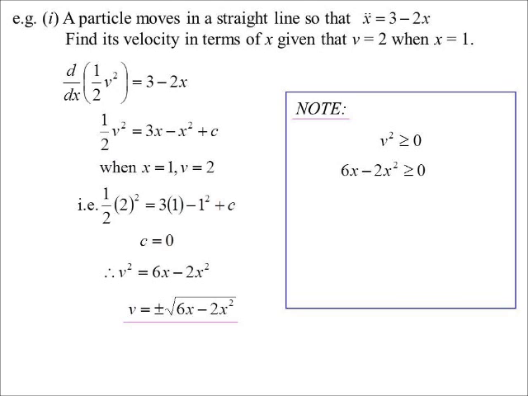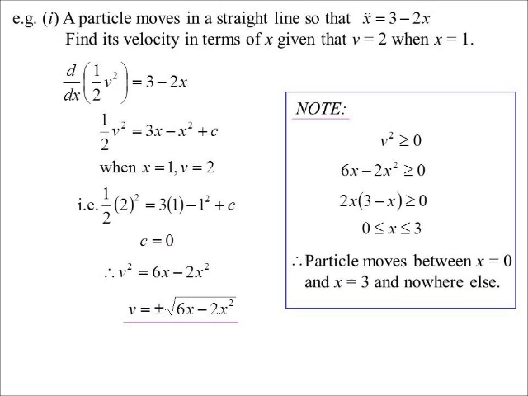I can solve that inequality and we get x is between 0 and 3. So we know the displacement for this particle must always be between 0 and 3. It has a very boring life, just between 0 and 3. 2 it can visit, 1 it can visit. Pi, what's that? It never gets there. So this one moves between 0 and 3 and nowhere else.